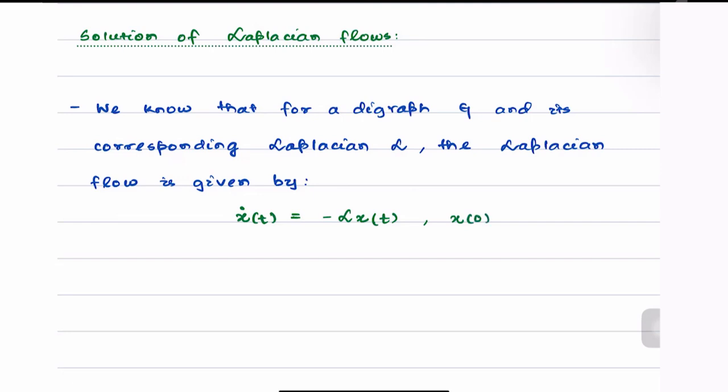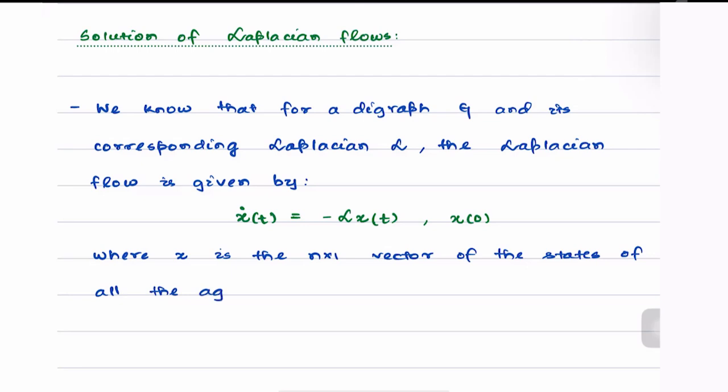Note that here x is an n cross 1 vector corresponding to the states of all of the agents in the network.